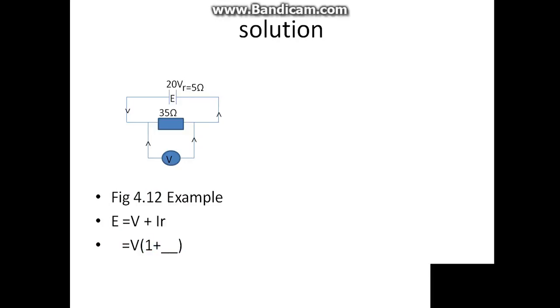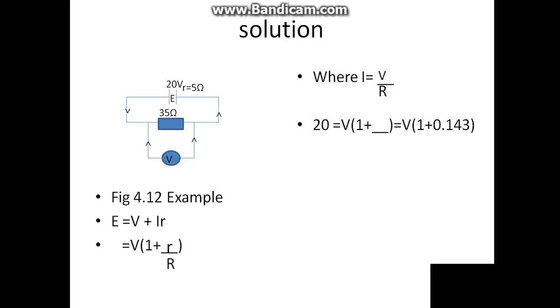But we know that I is equal to capital V all over capital R. Bringing out V from the bracket, we have that V equals I, 1 plus small r over big R, where I is equal to V over R.